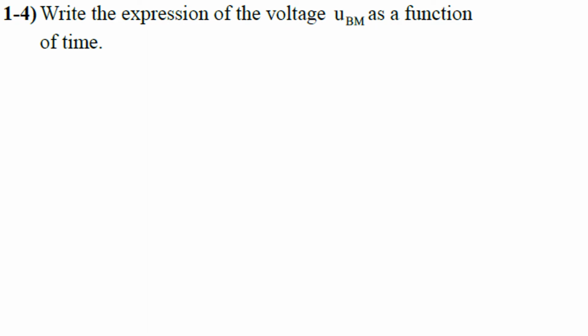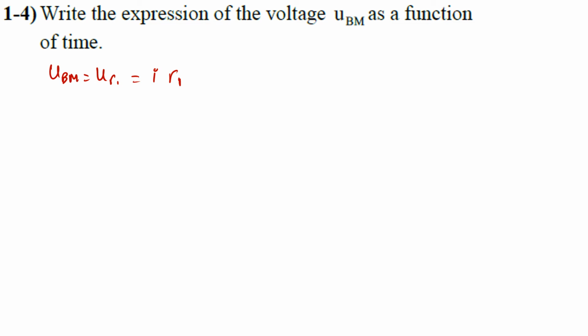Write down the expression of the voltage UBM as a function of time. First thing, UBM, we mentioned that it is the voltage across R1. So it is equal to I R1. It is the same current in the circuit since it is a series circuit.